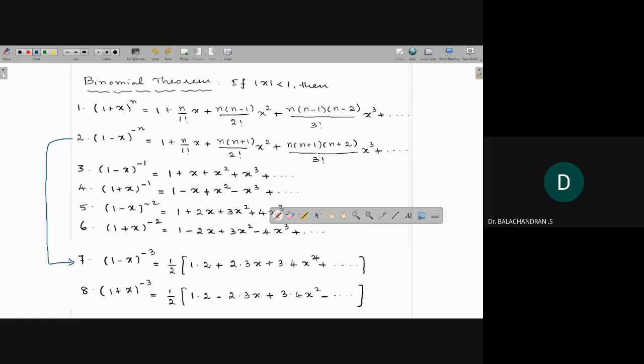It is n plus 1 into n plus 2 by 2. Yes. So you can easily tell the coefficient of x power n. Similarly, write down 1 plus x whole power minus 3. You can get this formula by substituting n equal to minus 3.